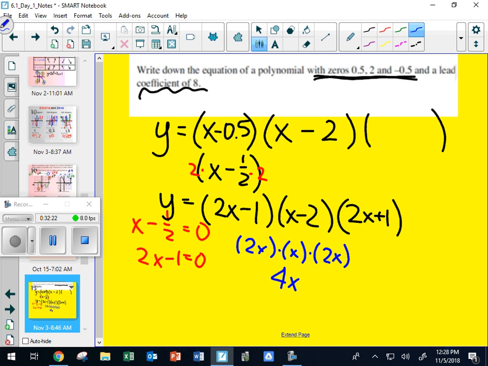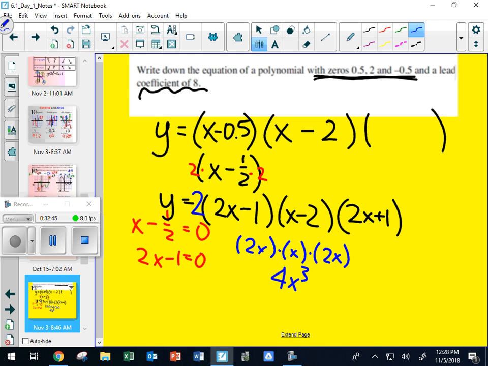So if it's just 4, we need another multiple of 2 to multiply by. So, technically, if I wanted another multiple of 2, where could I put it? Can I just stick one up front? There, I got a 2. Multiplied by another 2, there, I got 8.